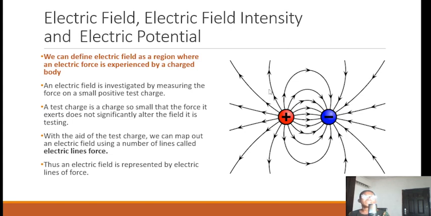An electric field is investigated by measuring the force on a small positive test charge. A test charge is a charge so small that the force it exerts does not significantly alter the field it is testing. It is just a tiny charge and it does not affect the field that it is testing.